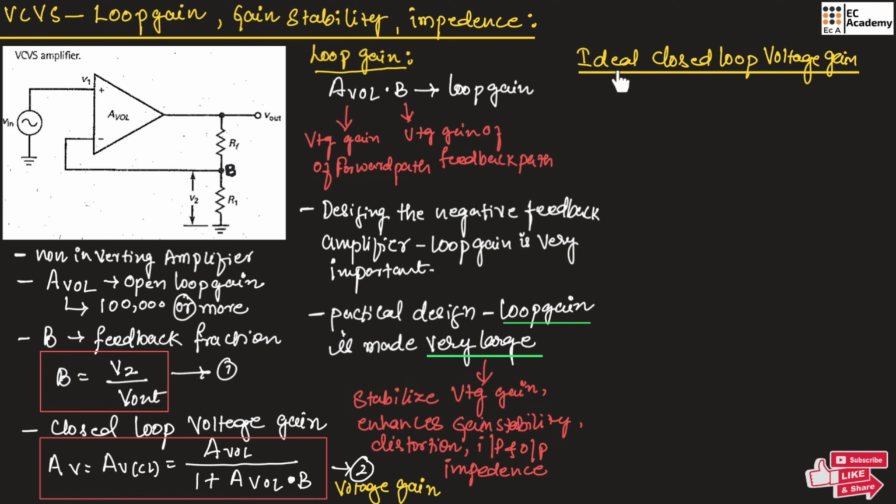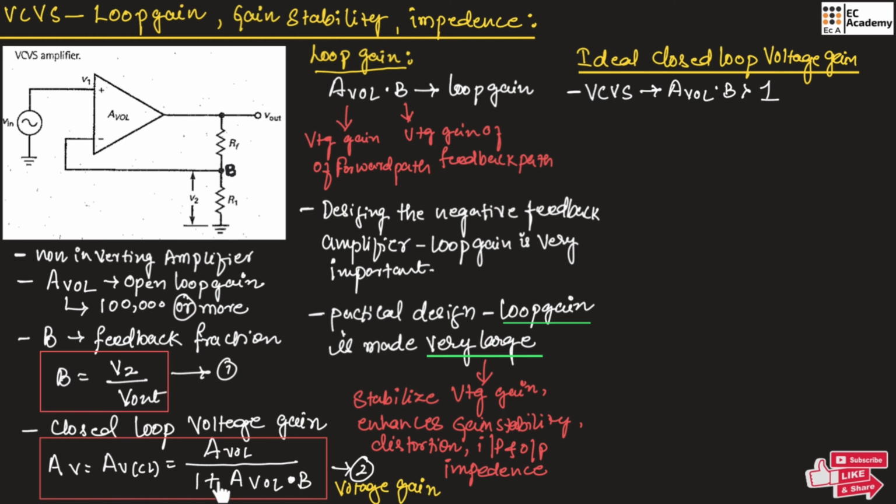Now let us understand the ideal closed loop voltage gain. You need to always remember, for VCVS, the value of AVOL into B must always be greater than unity. The voltage controlled voltage source will work well only when the loop gain is greater than unity.